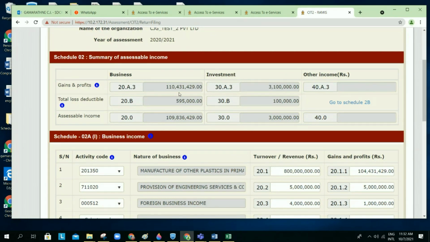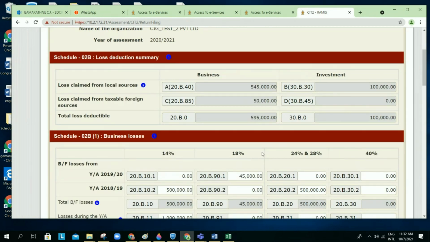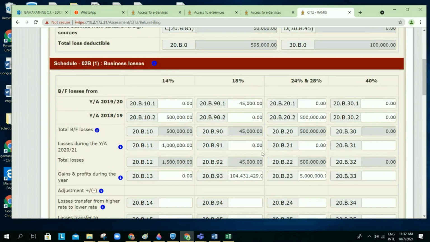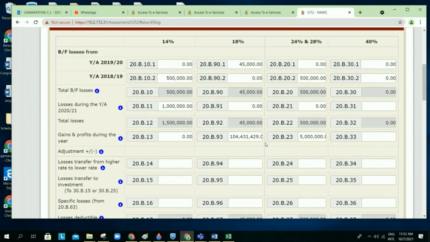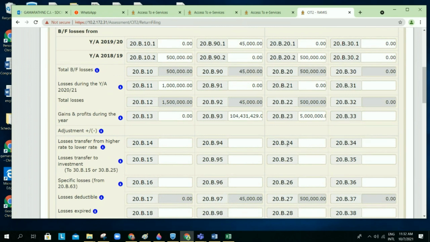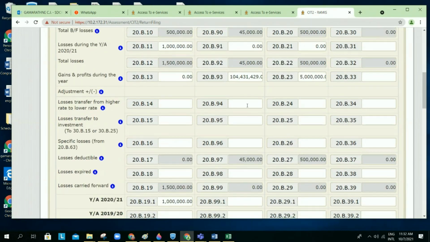110 million losses. Then this profit comes as local business profit and foreign business profit. You need to enter the value correctly here, because there is a rule: you can't enter a higher profit than in 2A.